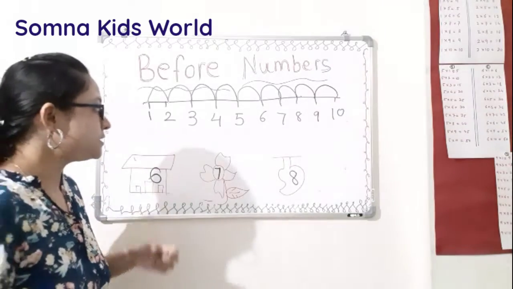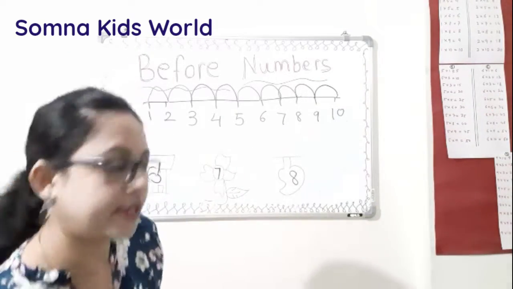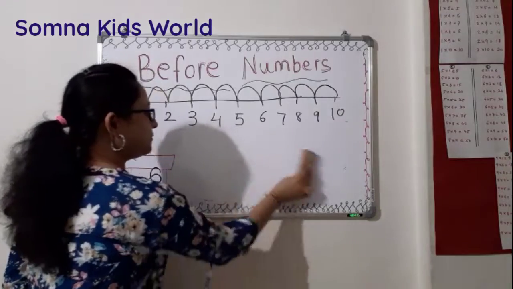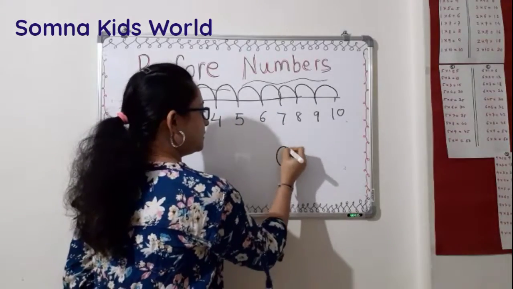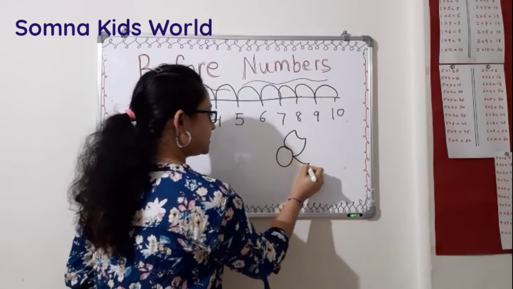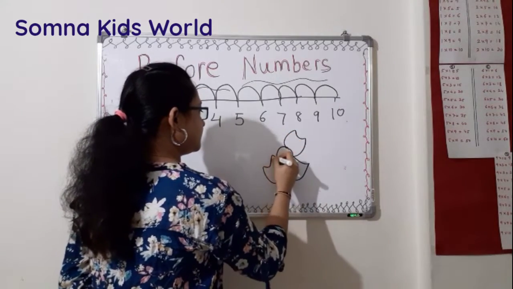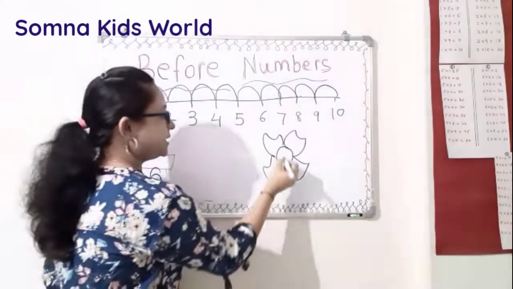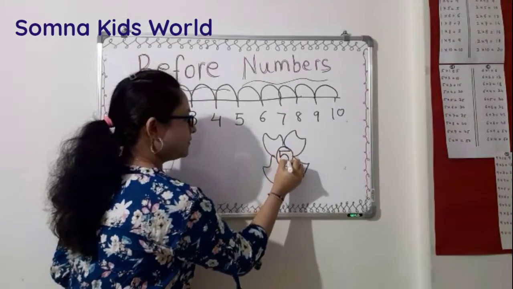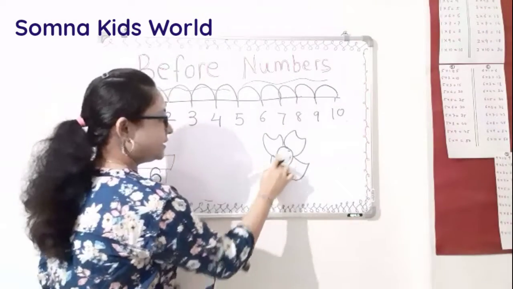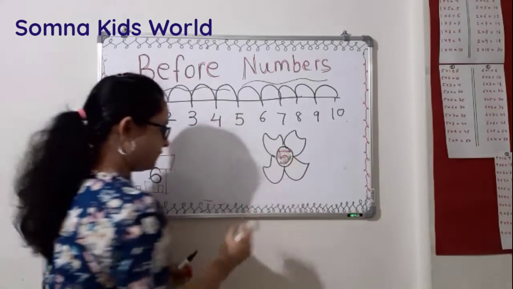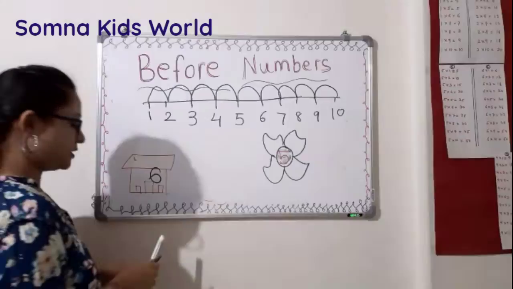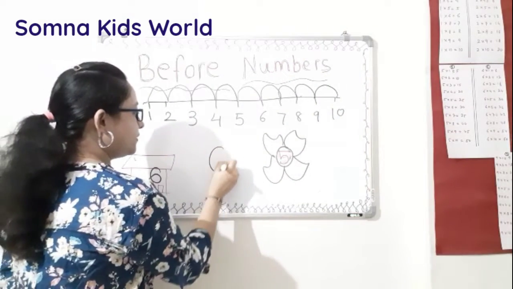Suppose one more example I am going to give you with the help of this flower. Here I have written number 5. Now you tell me which number comes before 5.